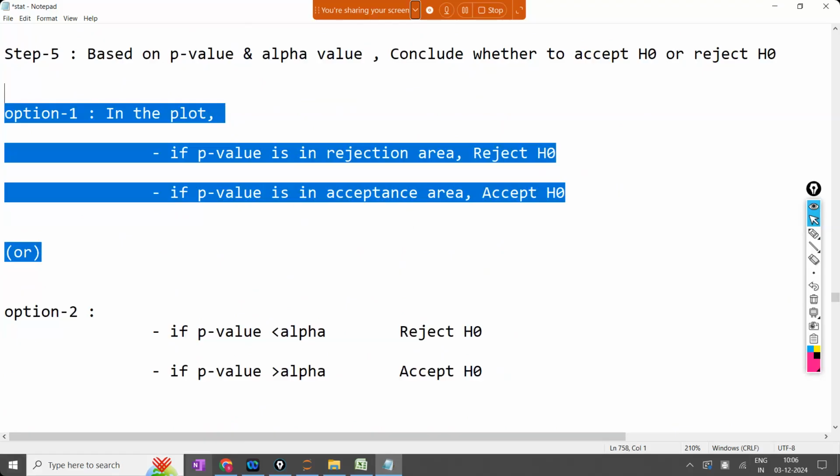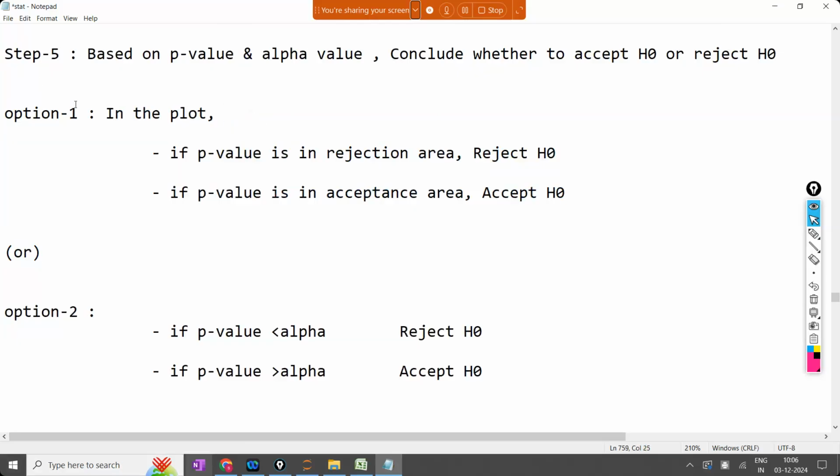For more than one sample, you are not going to draw multiple density curves. Since we can't draw that, there is no option 1, only option 2 we have to follow. So my suggestion is, whenever you are applying a one sample test, go with option 1. For tests other than one sample, all of them go with option 2. So that will be easy for you. No need to get confused unnecessarily.